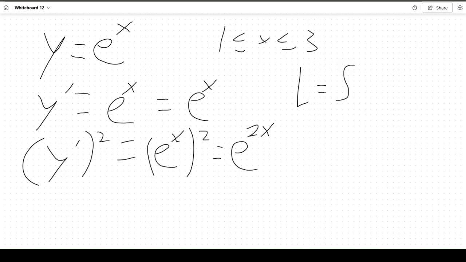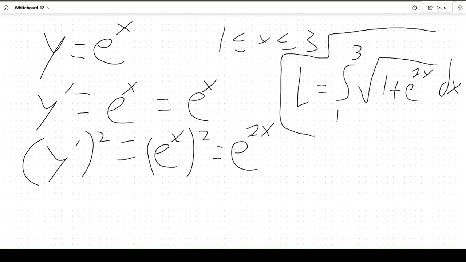So a would be 1, b would be 3, and the integral of the square root of 1 plus e to the power of 2x dx. And this is like the basics of what you need to know, or a simple visual of what it's going to look like without it being integrated.